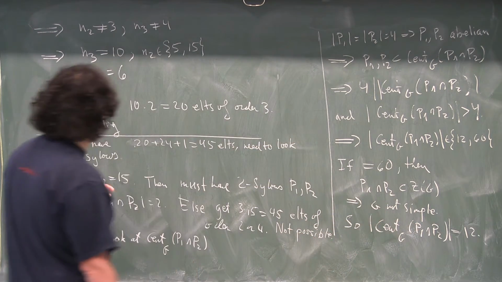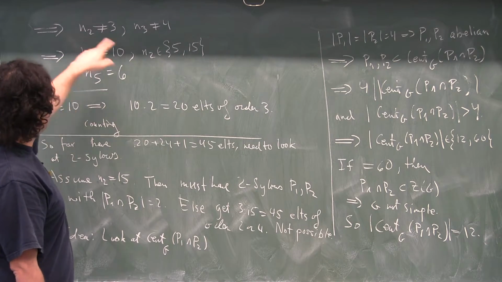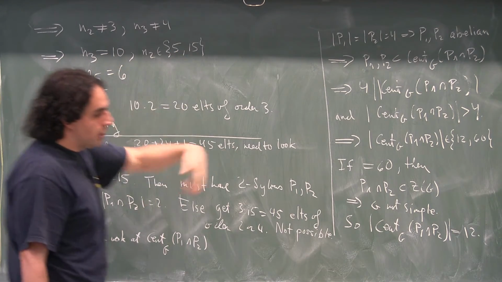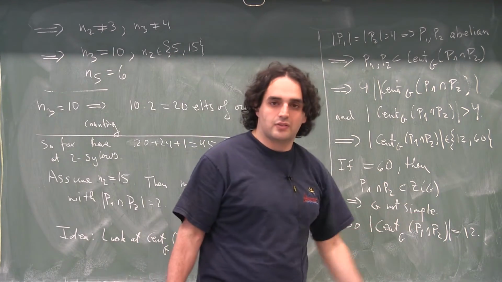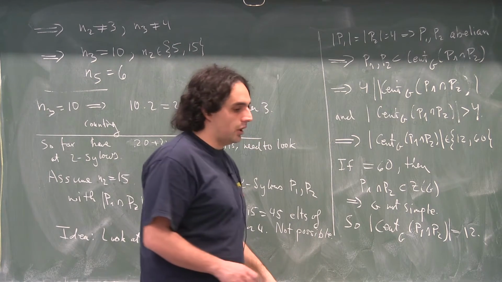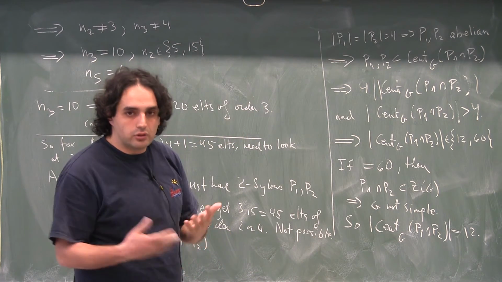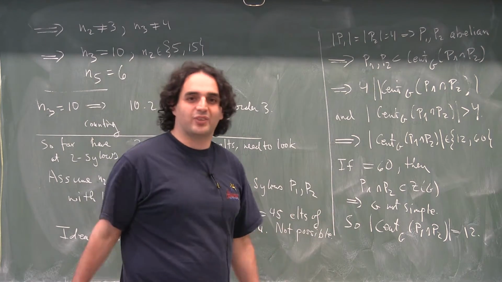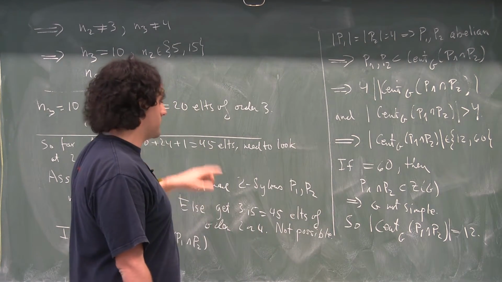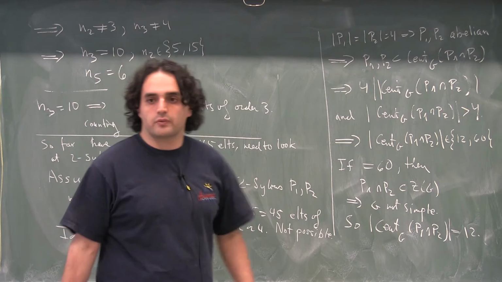And then we go back and look at the case where N2 is equal to 5, and we also get the conclusion that G is isomorphic to A5. And in conclusion, G is isomorphic to A5. So we have still to finish these two parts of the argument.